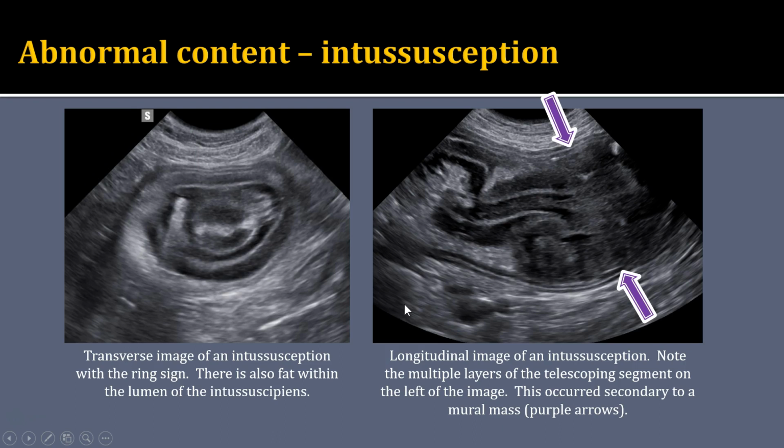This is an older patient in which case the intussusception was caused secondary to this mural mass. Most of the time when we identify intussusceptums, we find them in young patients, and they can be caused by hyperperistaltic type disorders such as infectious etiologies like parvovirus and maybe worm infestation.